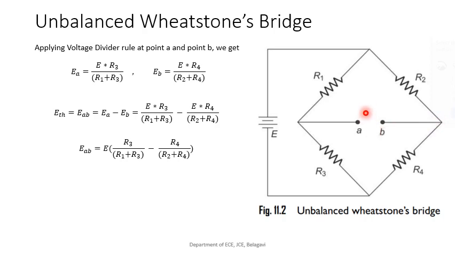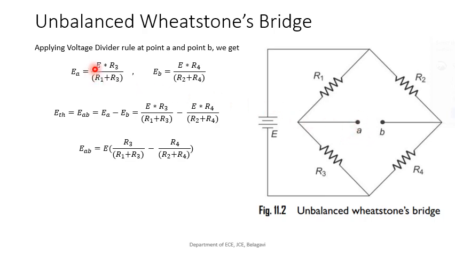What we are going to do is find the Thevenin equivalent across points A and B. We have to apply Thevenin's theorem and find the Thevenin equivalent voltage and Thevenin equivalent resistance across points A and B. First, what is the voltage at point A?